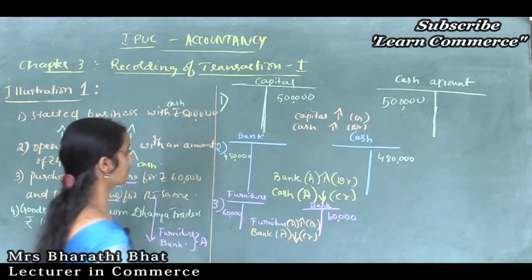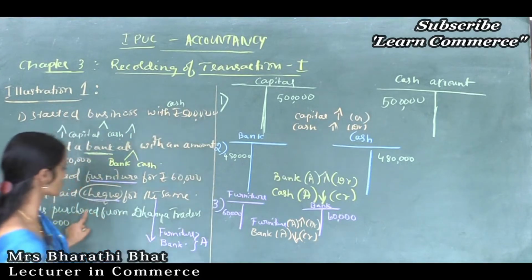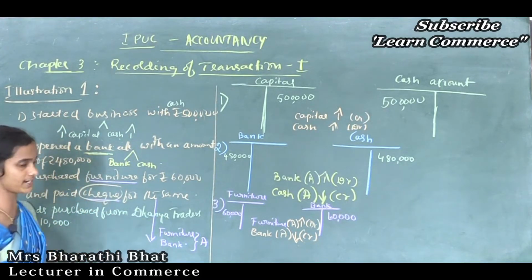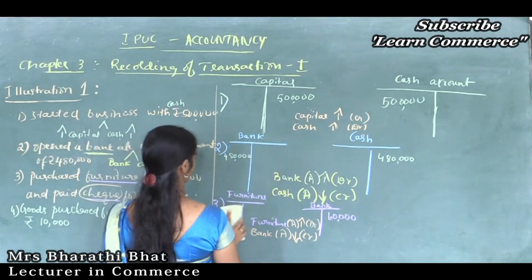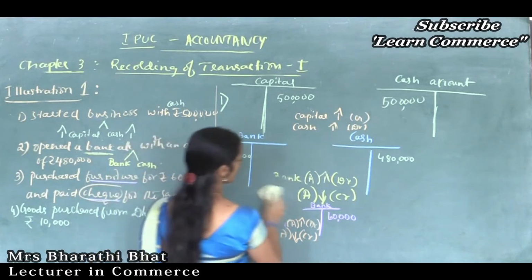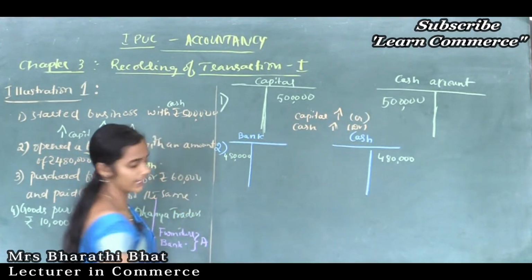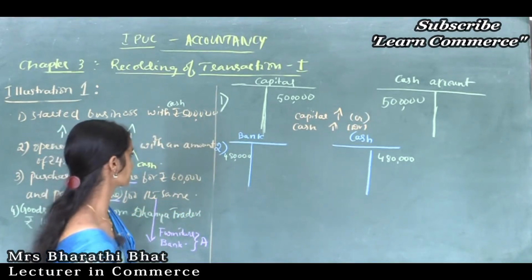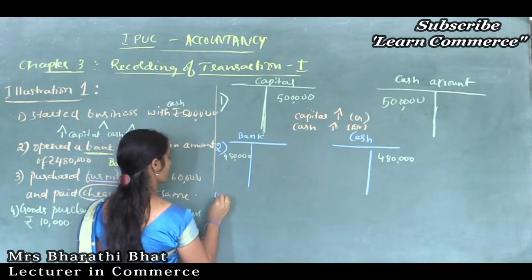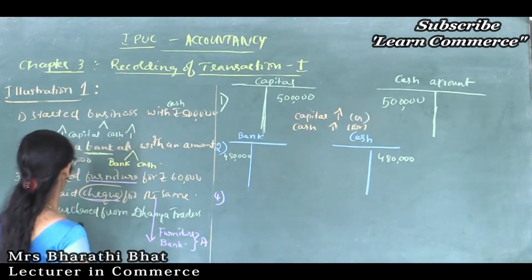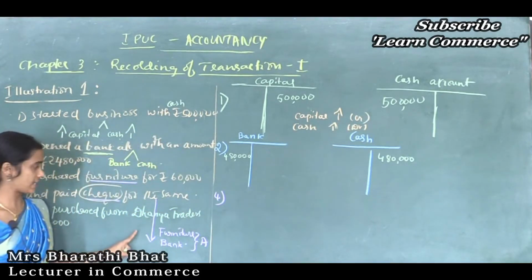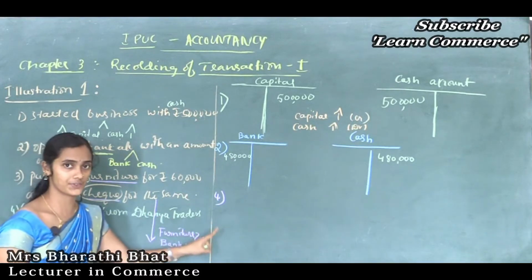Let's analyze one more transaction. Goods purchased from Dhanya Traders. I'll write it here. Just see the analysis part. Fourth transaction: goods purchased from Dhanya Traders.